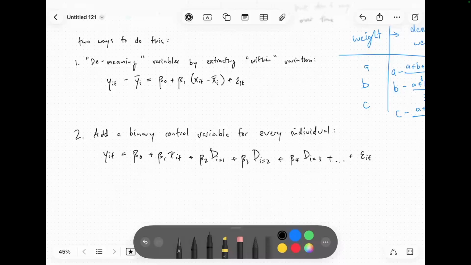So what ends up happening is your beta for the variation in exercise is actually going to look exactly the same. You will have a whole bunch of other variables in the equation that describe the effect of the individual factors on weight.